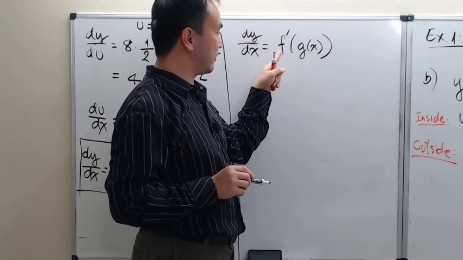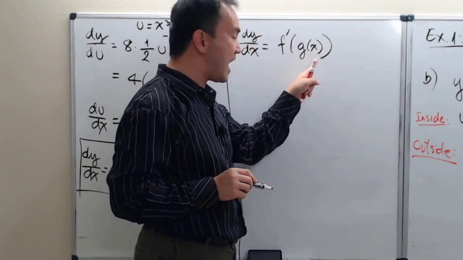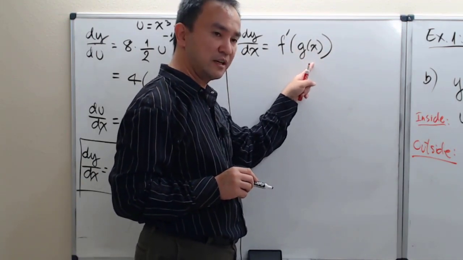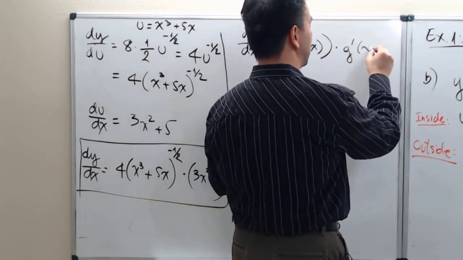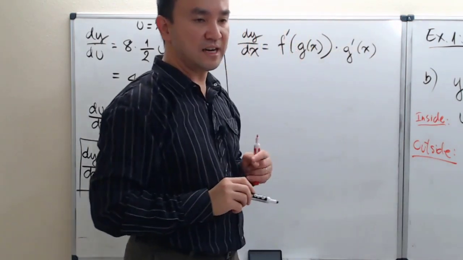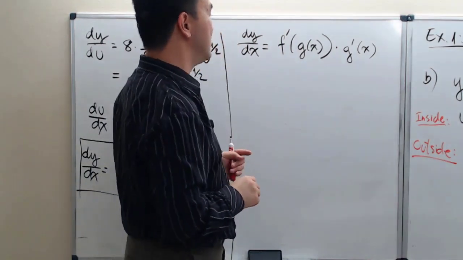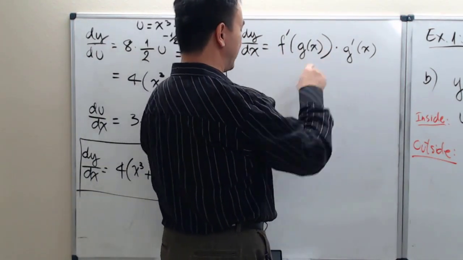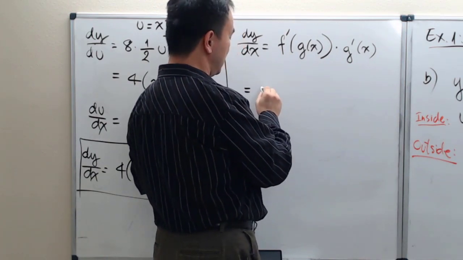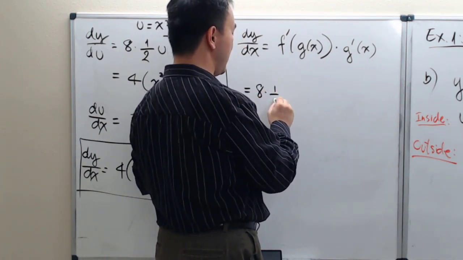The derivative of the outside but evaluated at the expression being the inside. And I'm going to multiply with g prime of x, the derivative of the inside function at the input x.